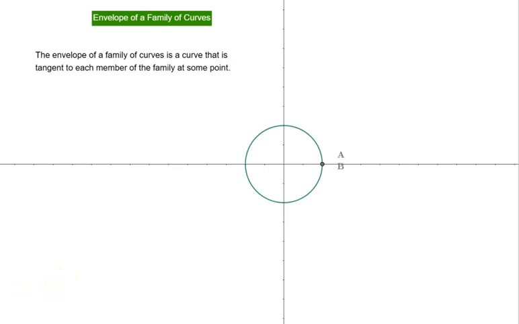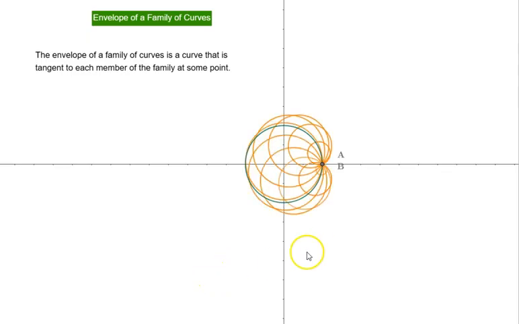But now let's start moving B. So we have got a circle which is passing through both a fixed point and another point on the circumference. Now what we have to figure out is what is that curve which is tangent to all these circles at some point.